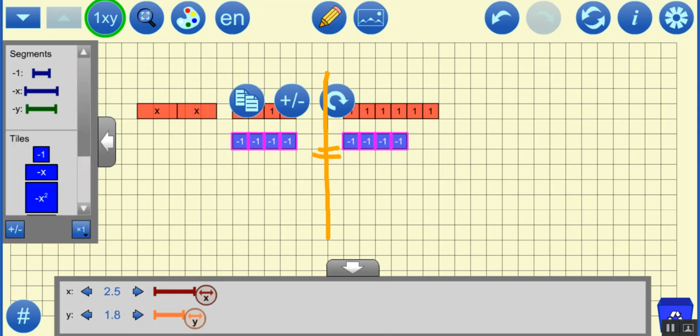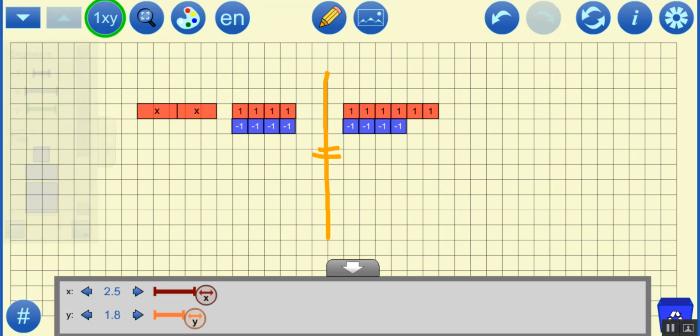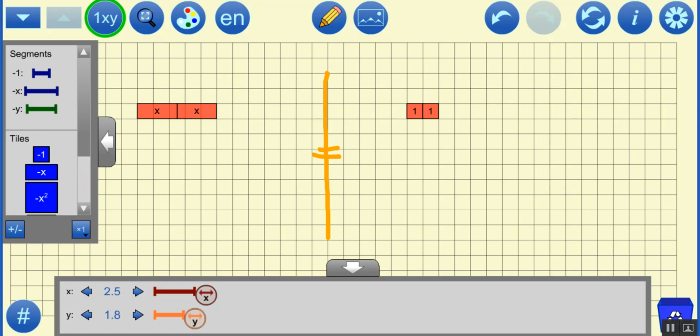I then click and hold on the computer and I drag them up. I can do them one at a time. But like I said, a positive 1 and a negative 1 make 0. So what that means is 2 n's must equal 2. So that's what we've got on the board as well with our numbers.